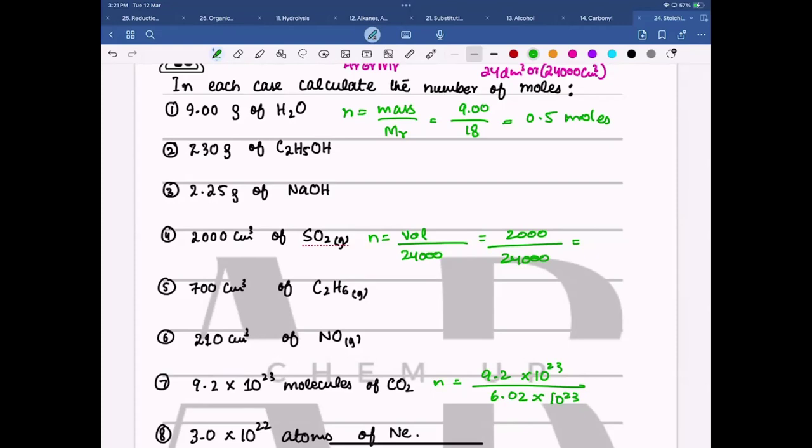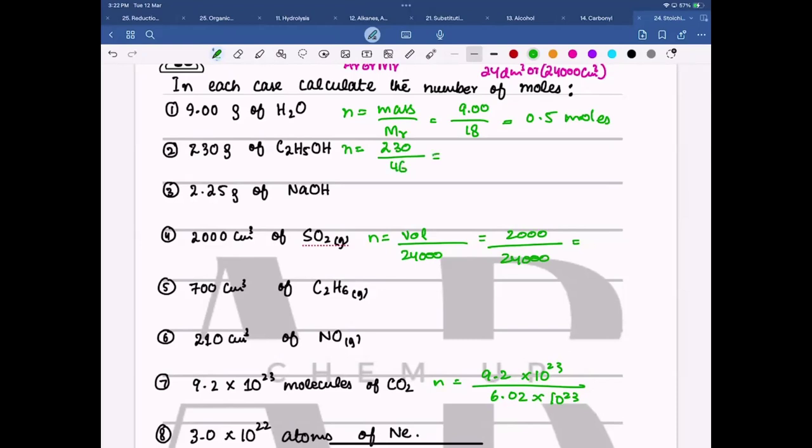Who left? Okay, Khatija. For the second one, it's 230 divided by 46.